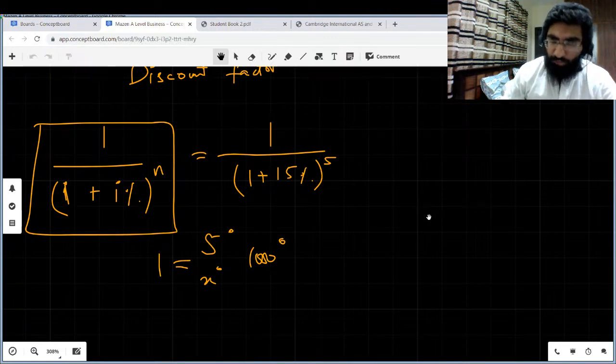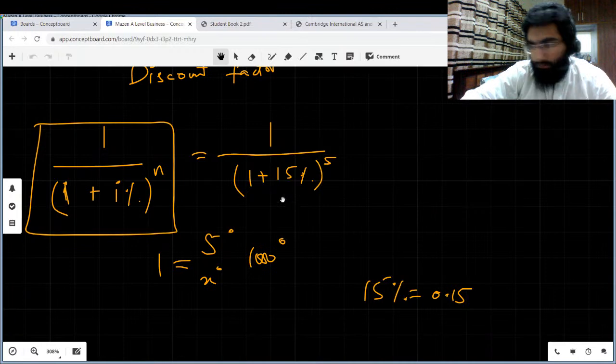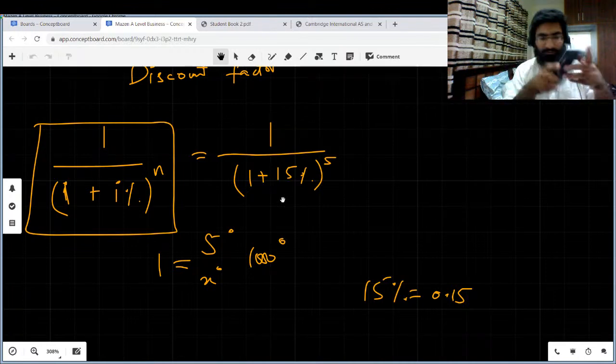Also, hopefully you know that 15% is equal to 0.15. So 1 over 1 plus 15%. You have got both the 1 plus and the percentage sign. You can use that, the percentage sign on your calculator is shift bracket open and bracket close. Then put x square and in that write 5.